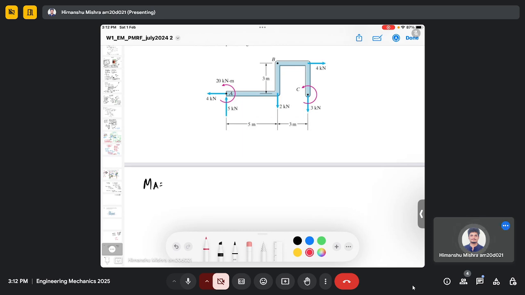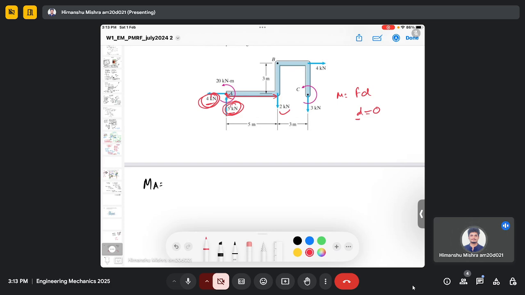We can see that this 4 kilonewton and 5 kilonewton is not creating any movement, because the movement is given by force multiplied by perpendicular distance, and the perpendicular distance is 0 for the 4 kilonewton and 5 kilonewton case. The perpendicular distance from these forces to point A is 0, which means these two forces will not create any movement at point A. Then this 2 kilonewton force will create a movement because it has this perpendicular distance, right?